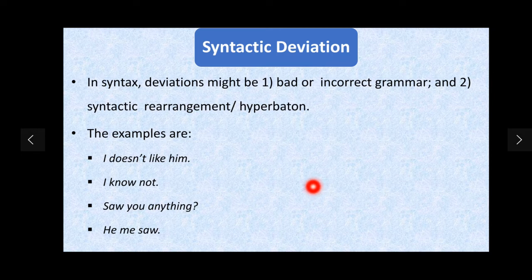We use first subject, then verb, and then object. But here, the poet deviated from standard and normal rules, and first uses subject, then object, and then verb. "He, me, saw." It should be "he saw me." So this deviation is due to rearrangement of sentence, and this one is also rearrangement of sentence, and here we find bad grammar or incorrect grammar. So this is called syntactic deviation.